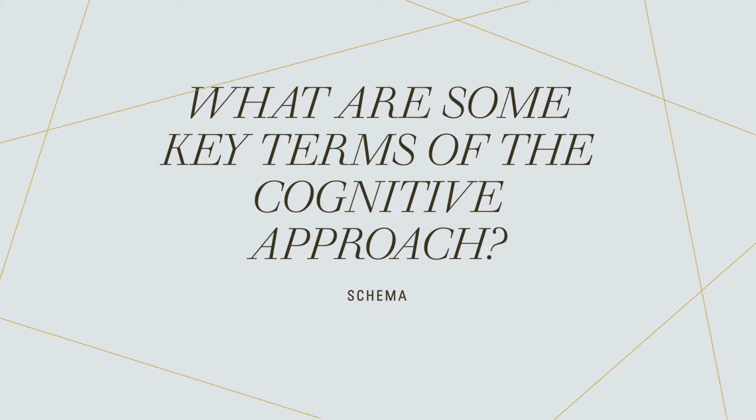So our schema lets us take shortcuts about information in the world around us. The second one is cognitive priming, and I'm going to talk to you about this in more detail and how it relates to consumer behaviour. The three types of cognitive priming are semantic, repetition, and associative priming.